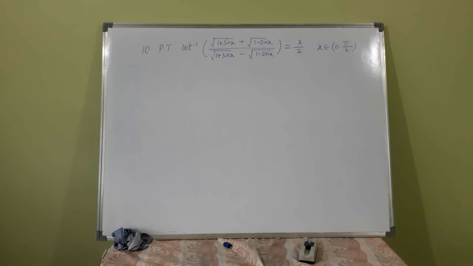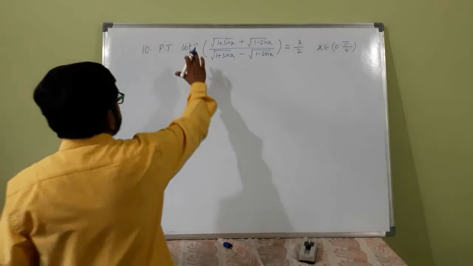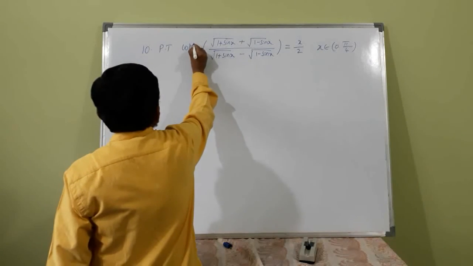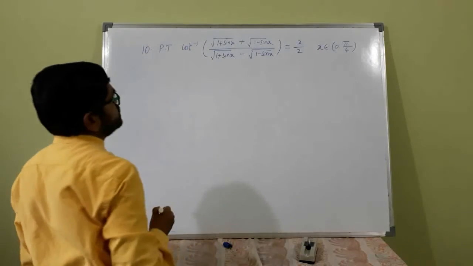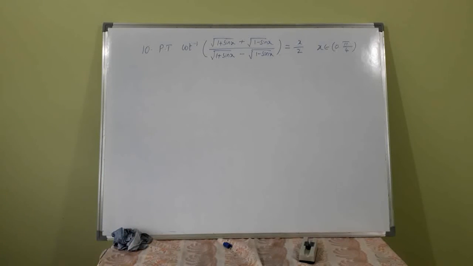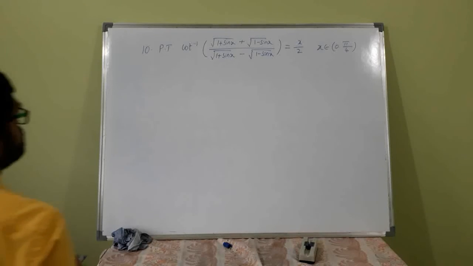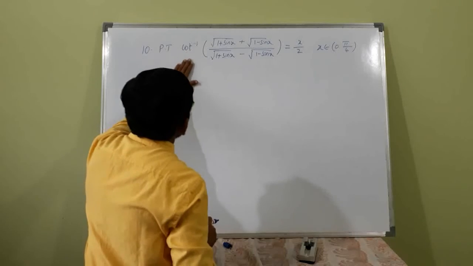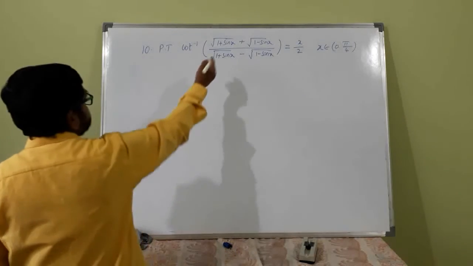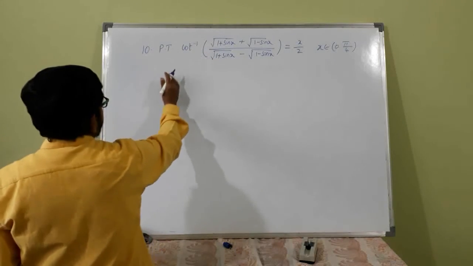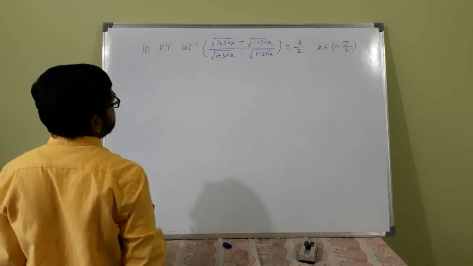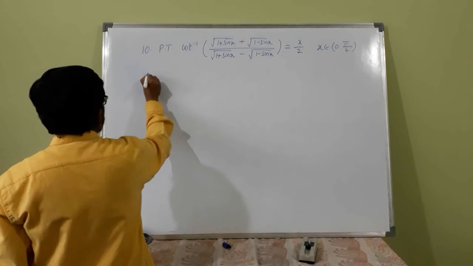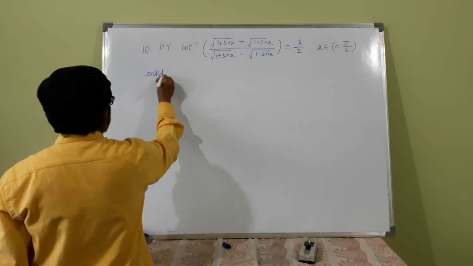Tenth question is cot inverse of root 1 plus sin x plus root 1 minus sin x divided by root 1 plus sin x minus root 1 minus sin x is equal to x by 2. That is what you have to prove. Before taking the LHS directly, let us consider the factor inside the bracket. Let us simplify that.